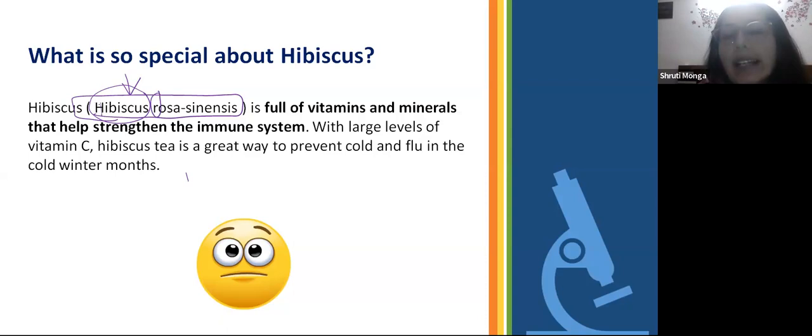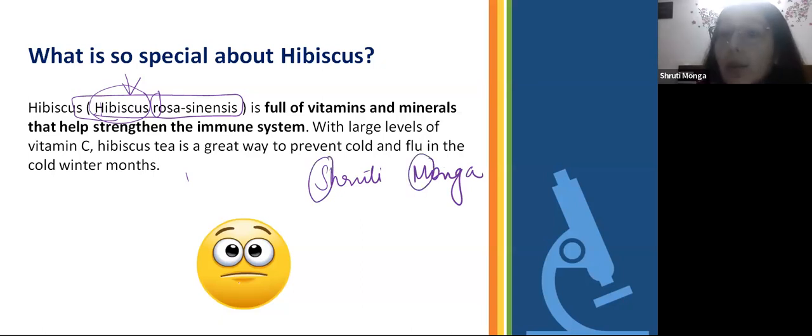Got it? For example, my name is Shruti Munga. How do we write our names? The first name starts with a capital letter, and the second name also starts with a capital letter.